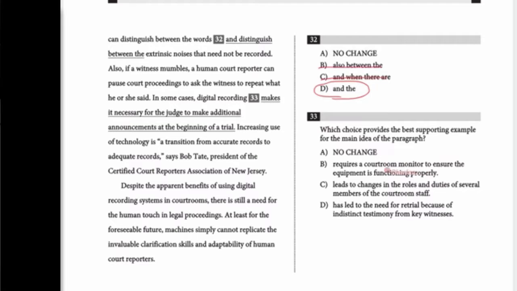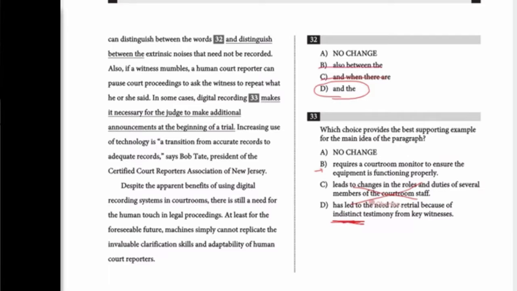Requires the courtroom monitor to ensure the equipment is functioning properly. Maybe. Let's keep going. Leads to changes in the roles and duties of several members of the courtroom staff. No, that says nothing about the recorders not working or distinguishing noise. Has led to the need for a retrial because of indistinct, okay, here we're dealing with the issue of distinguishing, indistinct testimony from key witnesses.